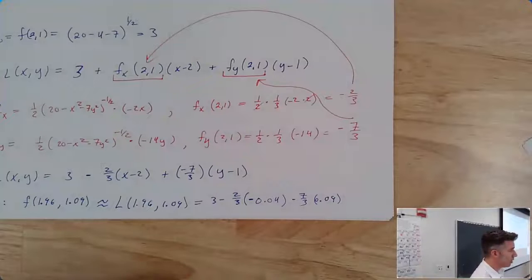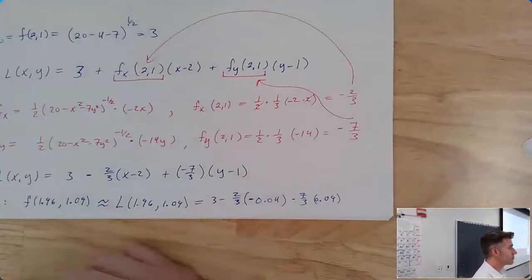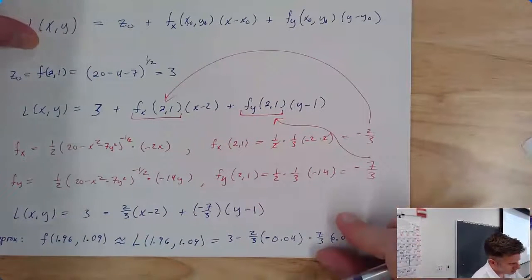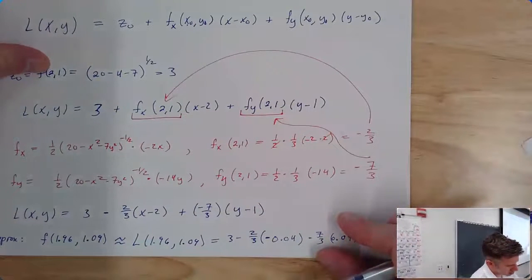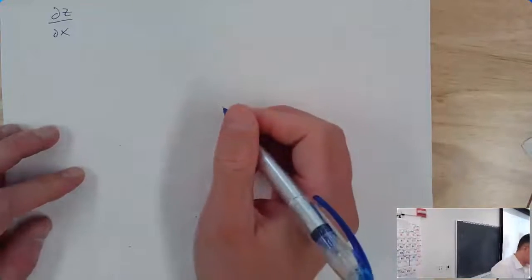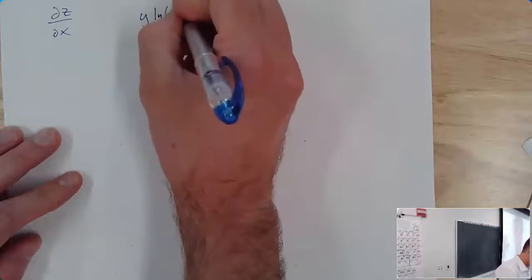Okay, let's say they ask us to do partial z over partial x of z equals y ln of x squared plus 2. I can repeat that. Partial z over partial x of y ln(x squared plus 2).